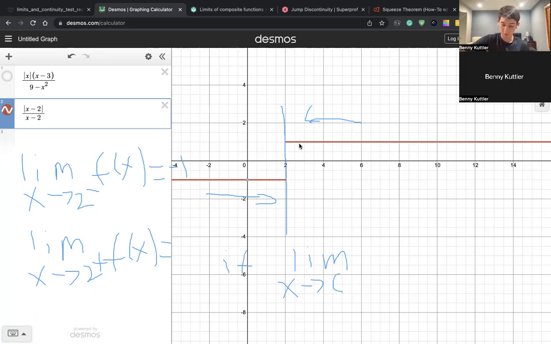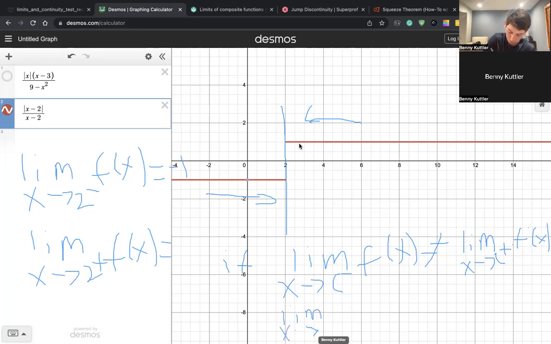So if the limit as x approaches c of f of x from the left is not equal to the limit as x approaches c from the right of f of x, then the limit as x approaches c of f of x does not exist. DNE stands for does not exist.